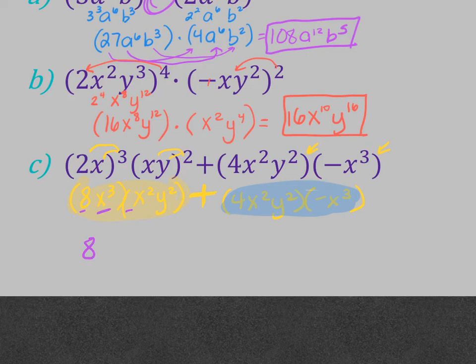X to the 3rd times X to the 2nd, which is X to the 5th, Y to the 2nd. Carry down my plus. 4 times a -1 means this is going to be a -4. x to the second times x to the third is x to the fifth, y to the second.